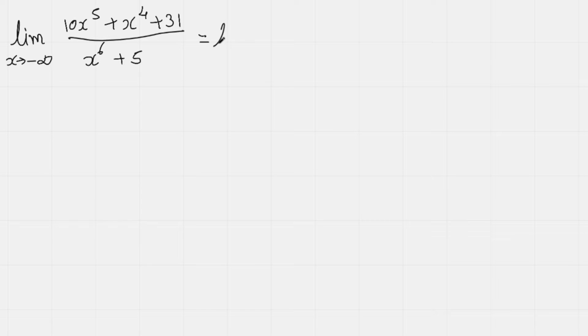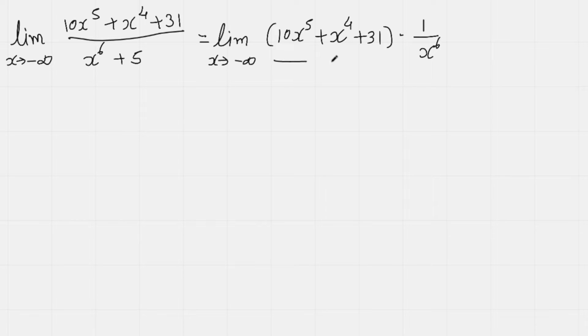So this will be equal to the limit as x approaches negative infinity. Since the highest power in the denominator is 6, let us divide top and bottom by x^6. So this will be equal to (10x^5 + x^4 + 31) divided by x^6, and also in the bottom we will have (x^6 + 5) divided by x^6.